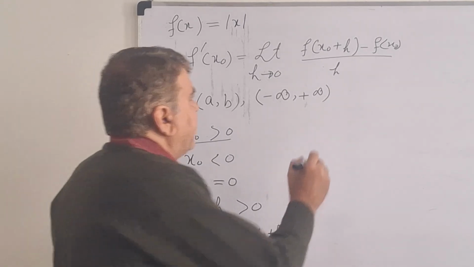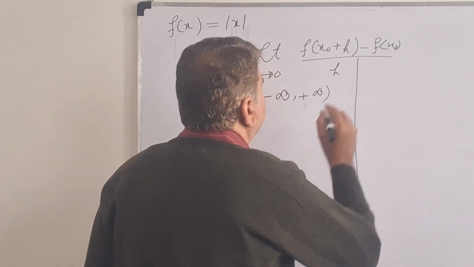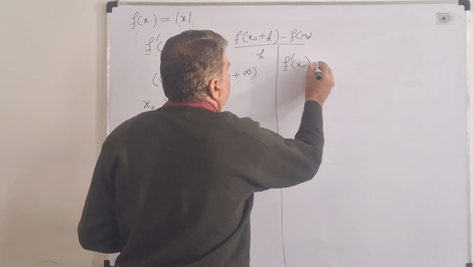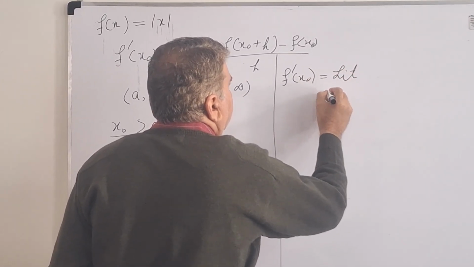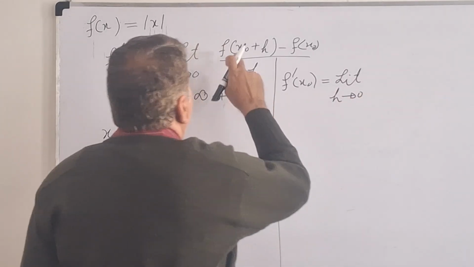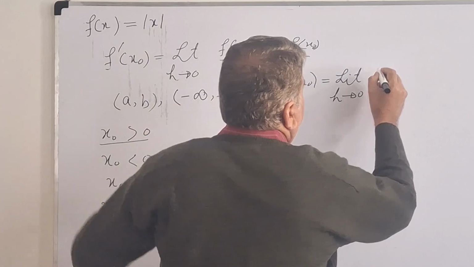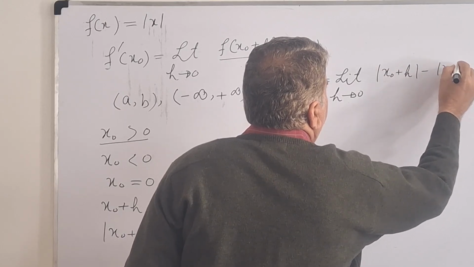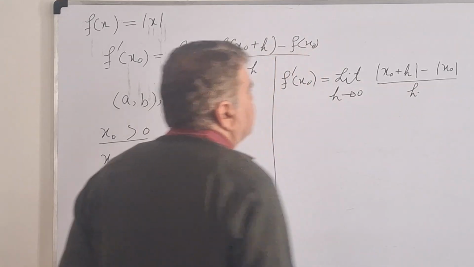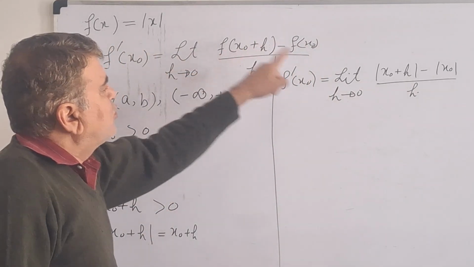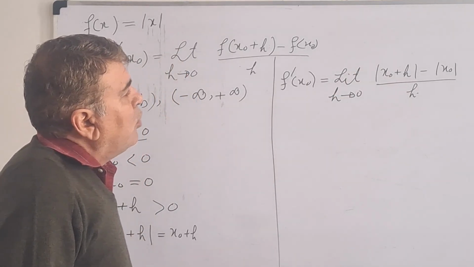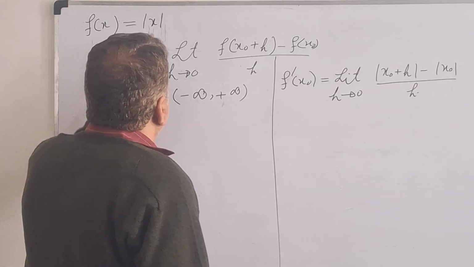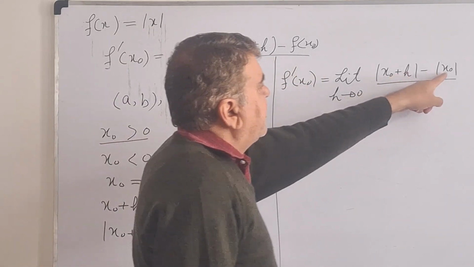So with that, I can write f prime at x naught equals limit h tends to 0 of x naught plus h minus x naught divided by h, because f of x naught plus h would be equal to mod of x naught plus h, which by the definition of modulus is x naught plus h, and mod of x naught is equal to x naught.